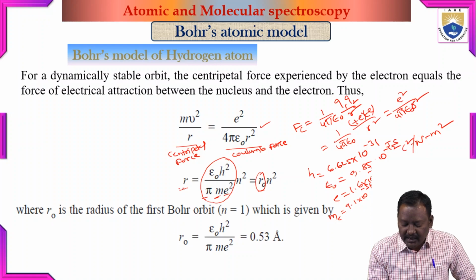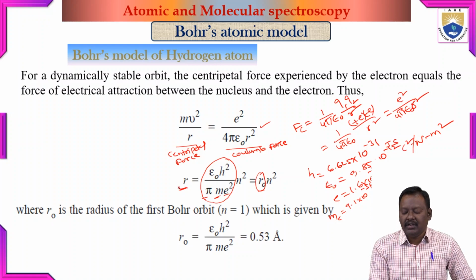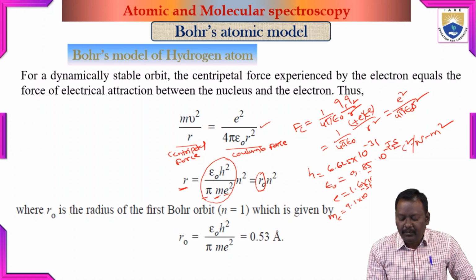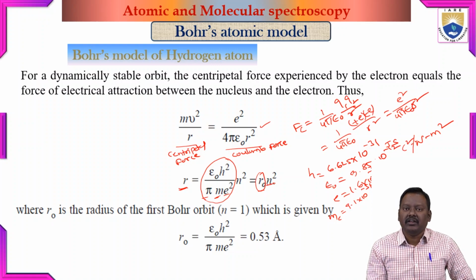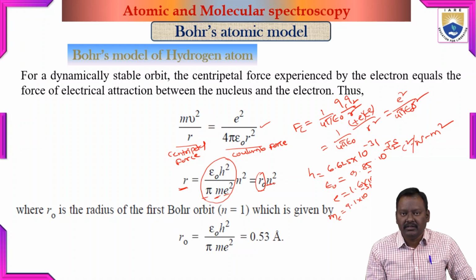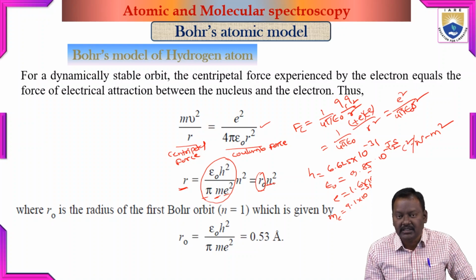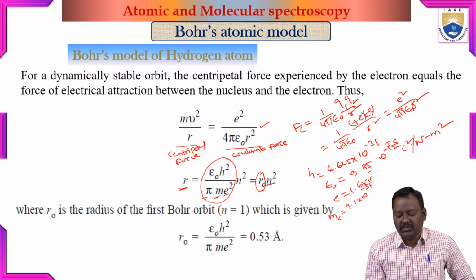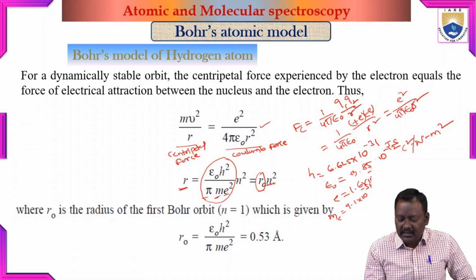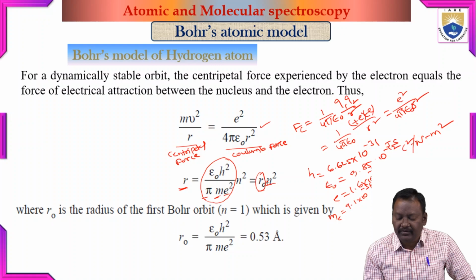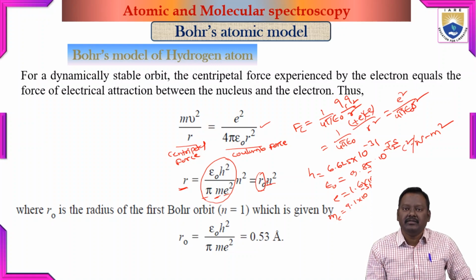So the radii of different orbits depend on n square, where n is an integer 1, 2, 3, etc. As the number increases, the radius also increases, with the square of the integer.